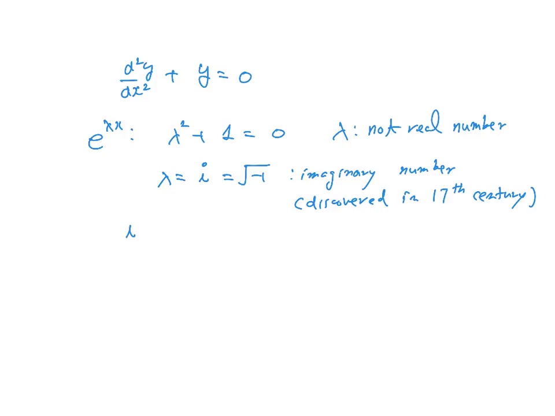So lambda squared equals minus 1. So we can try exponential ix as a solution, right? If we substitute as before, then exponential ix or exponential minus ix is a solution. But what is exponential ix?